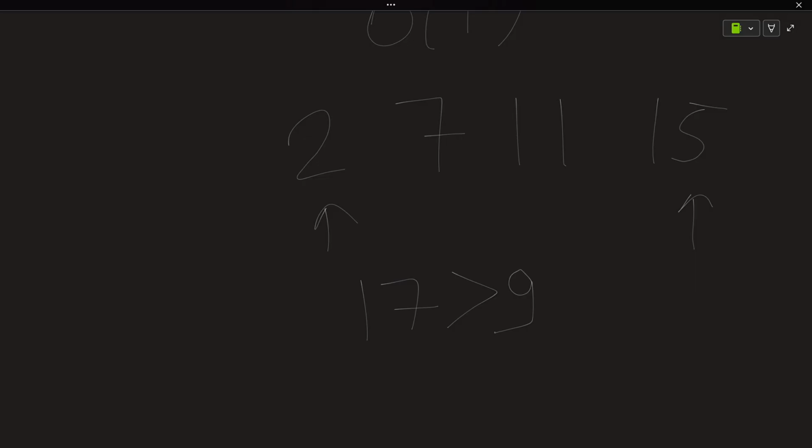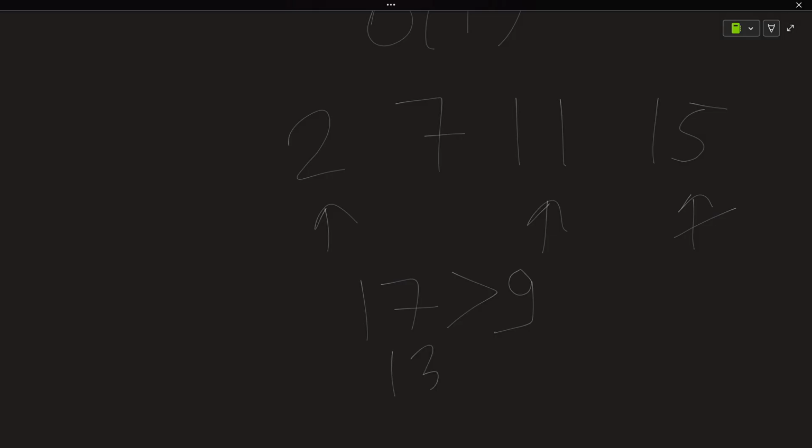If the sum of 2 and 15 is 17, and I move the right pointer from here to here, I will find another sum, which is 13, and it is lesser than the previous sum of 17. This is the approach I am going to use in this problem.